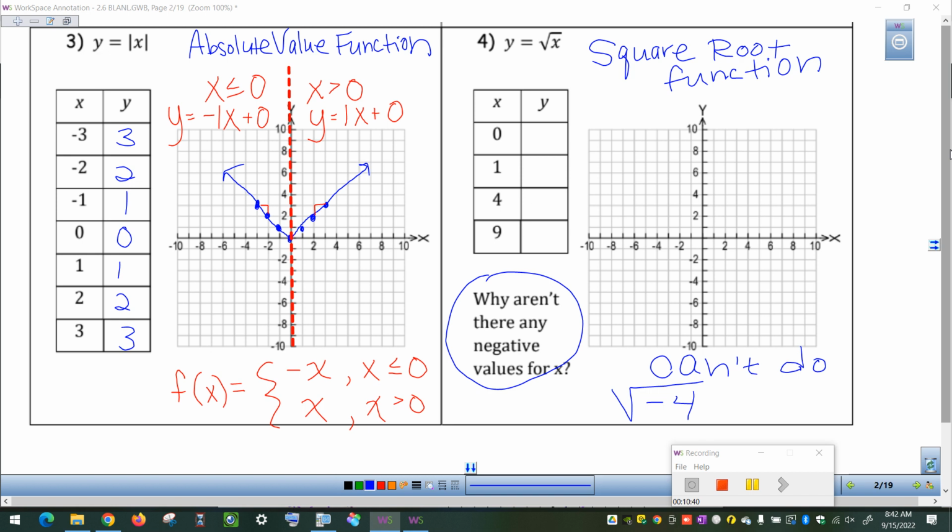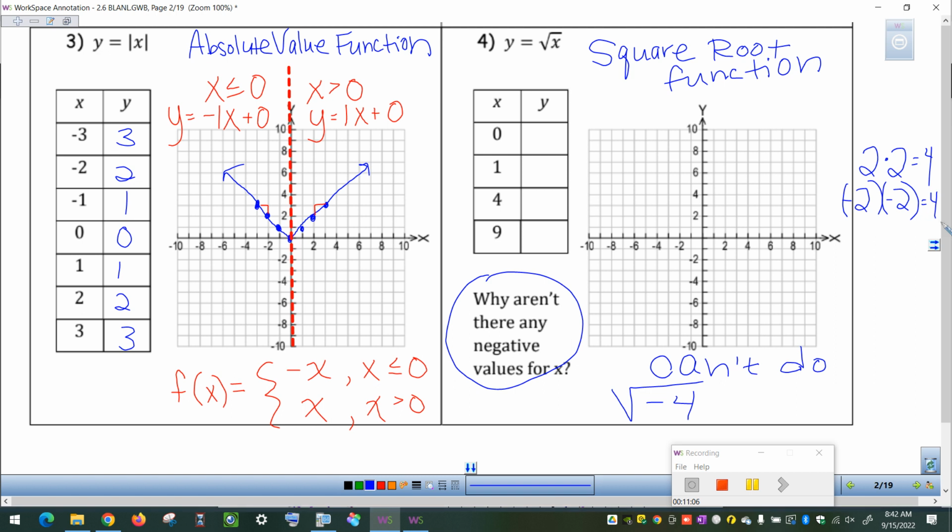Well, if you think about a number being multiplied by itself, if it was positive 2, that multiplied by itself is going to be +4. While if it was -2, -2 multiplied by itself is also +4.